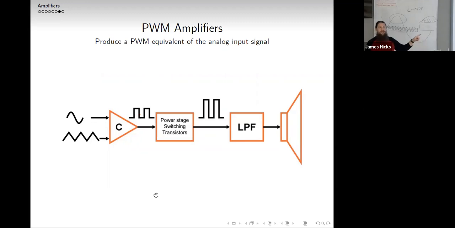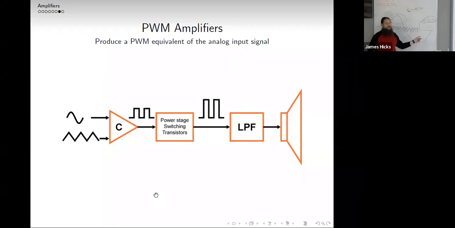So this is where we amplify the signal. And it's easier to amplify this digital signal because our transistors are either on or off. You don't have to worry about being in the linear region. It's the gas pedal all the way down or none at all. In that sense, it's easier to amplify that digital signal.